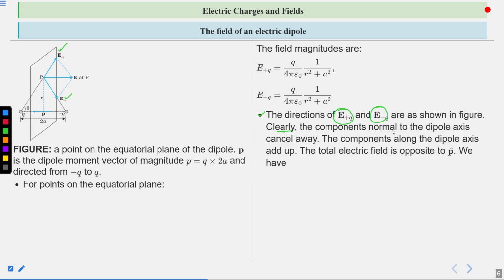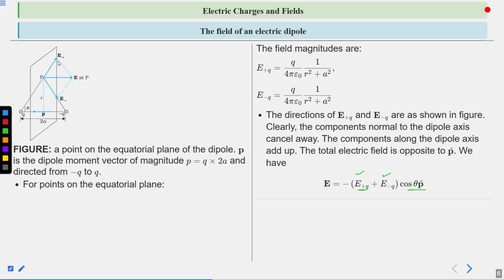The components normal to the dipole axis cancel away. The components along the dipole axis add up, and the total electric field is opposite to p cap. We have E is equal to minus, electric field due to positive charge plus electric field due to negative charge, cos theta, p cap.